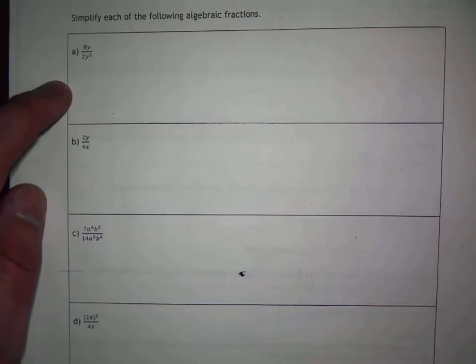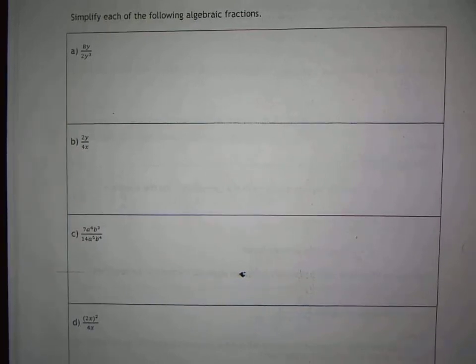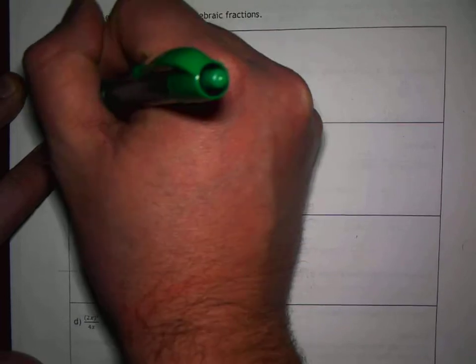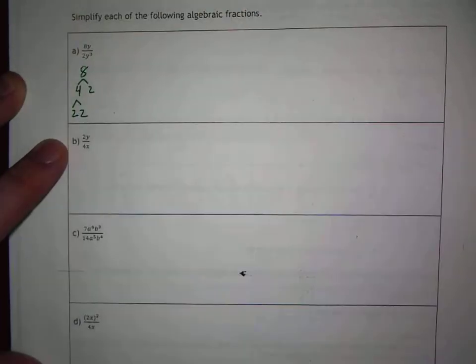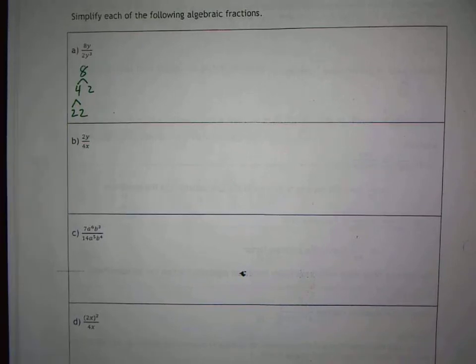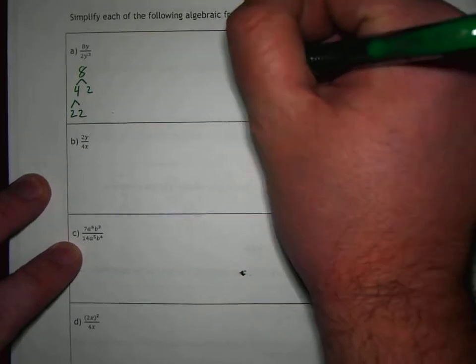I would say the easiest way is to just break up all the factors like I've shown you before. So 8, if you think about 8, that's 4 and 2, 2 and 2. Y, you can't really break Y up any more than that, can you? So we have 8y over 2y cubed.